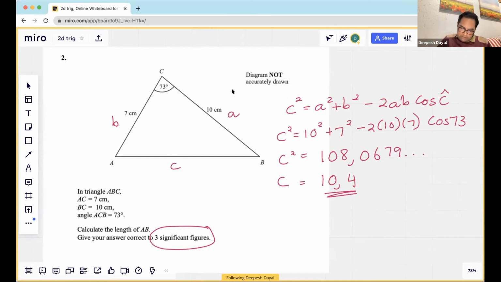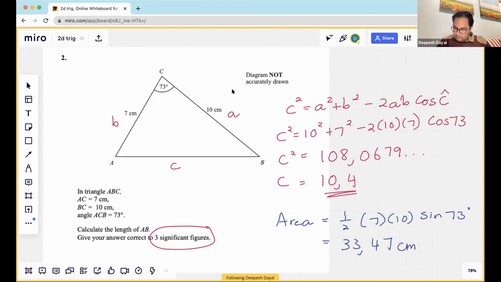And if I had to ask you to find the area, I can say area is half of 7 times 10 sine of 73 degrees, which is 33.47 centimeters squared.